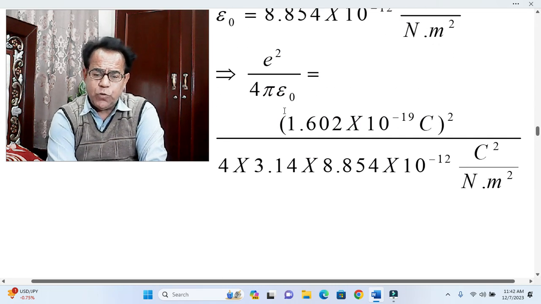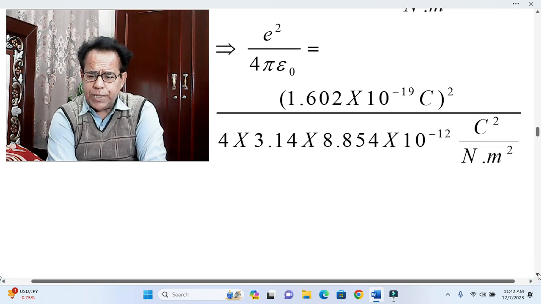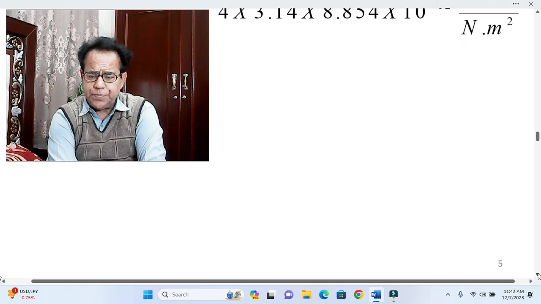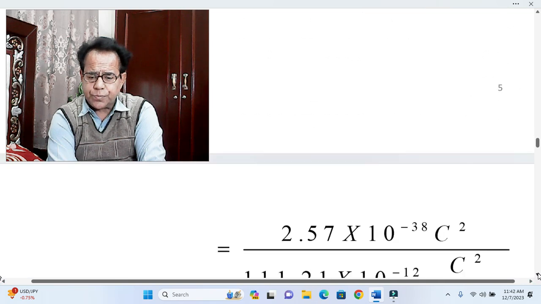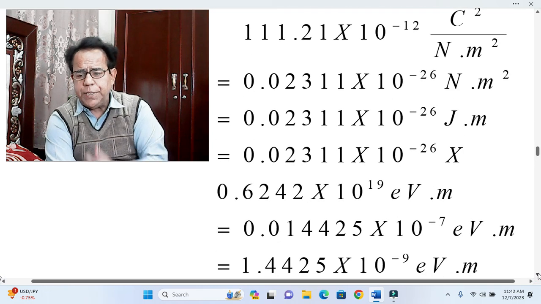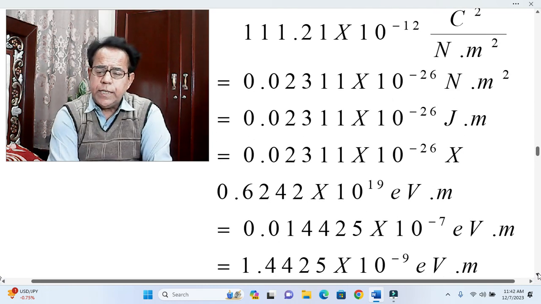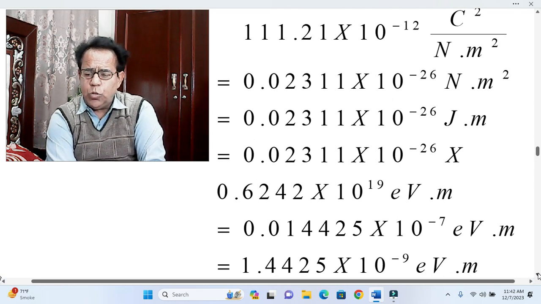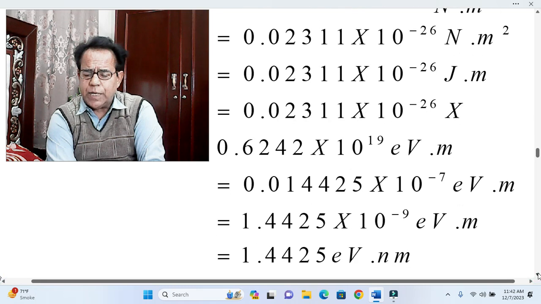Okay, e square over 4 pi epsilon naught is equal to this. Coulomb square will be cancelled with coulomb square. This becomes equal to this. Newton meter is equal to joule, so it will become joule into meter. Now we are converting joule into electron volt.